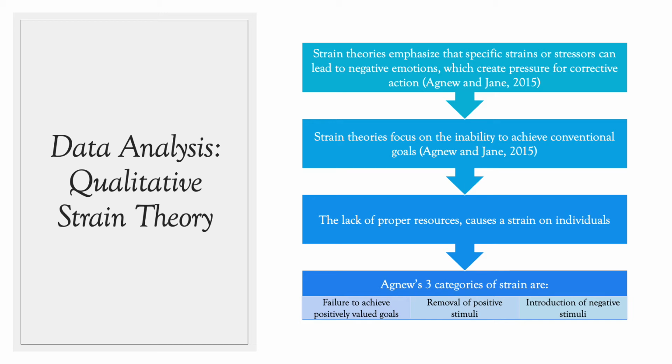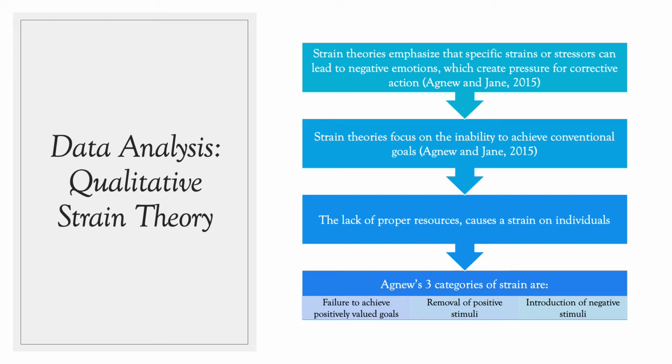The strain theory is another research method that I used to make the connection between socioeconomic factors and crime. Strain theories emphasize that specific strains or stressors can lead to negative emotions, which create pressure for corrective action. Strain theories focus on the inability to achieve conventional goals.